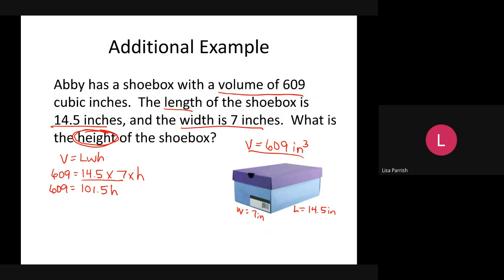Now remember when you get to this point where you have the number and the letter touching, that's your multiplication equation. I should have written that on example 1. That is your multiplication equation. And a multiplication equation, you solve by dividing.